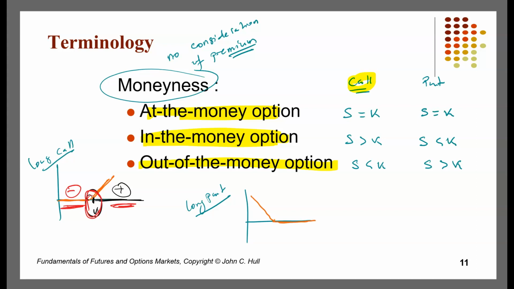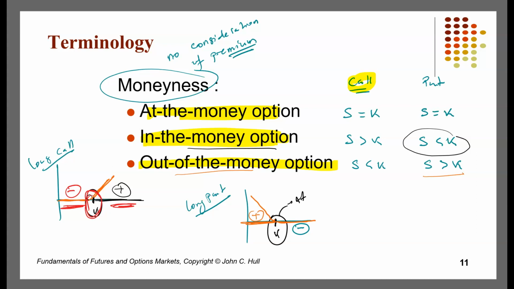We are at the money on the put when we are at the strike price, so that is going to be at the money. We are in the money for the put when the stock price is less than the strike price. That means we're in the money here. And we are out of the money when the stock price is greater than the strike price. So we are out of the money here.